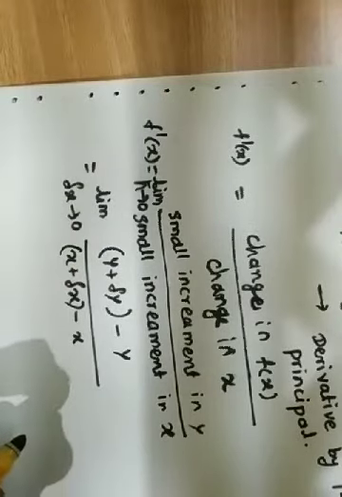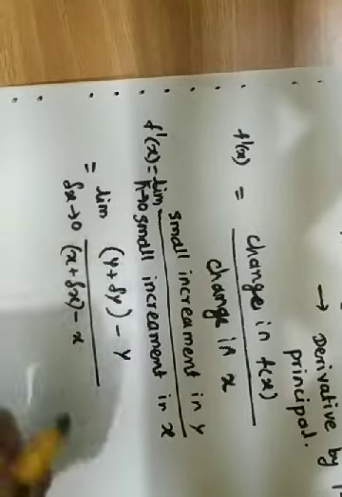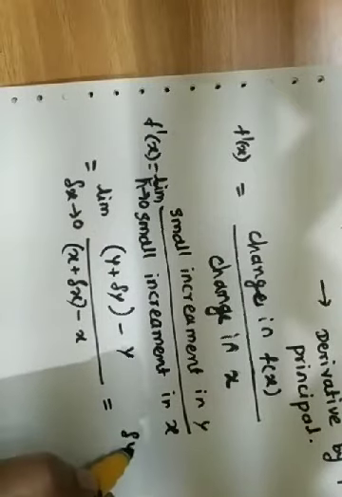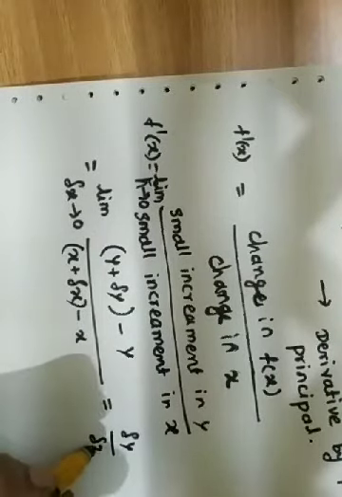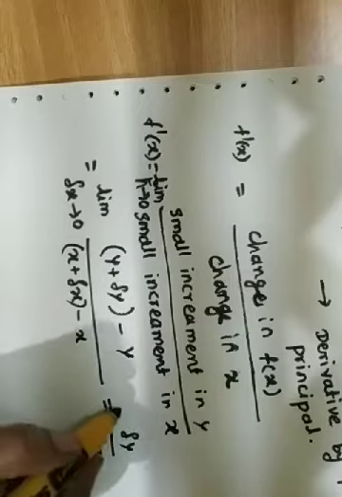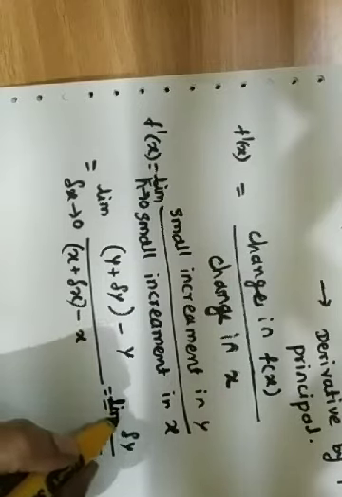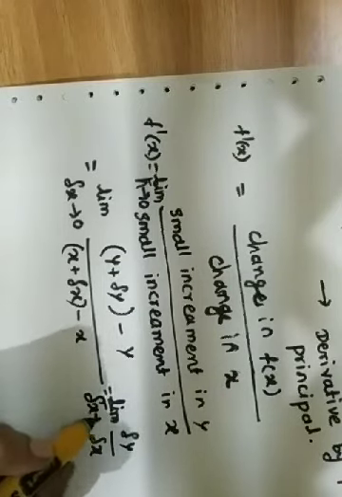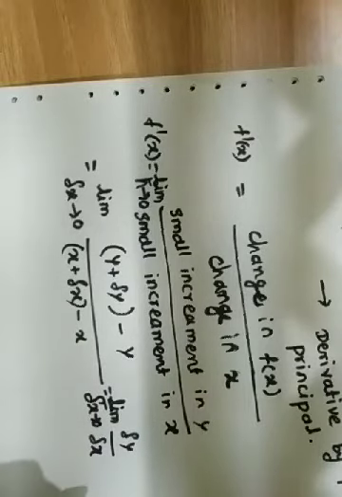Let this y get cancelled, it becomes delta y by delta x, as limit delta x tends to 0.